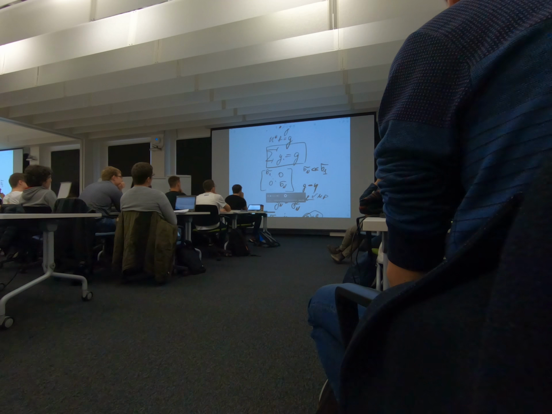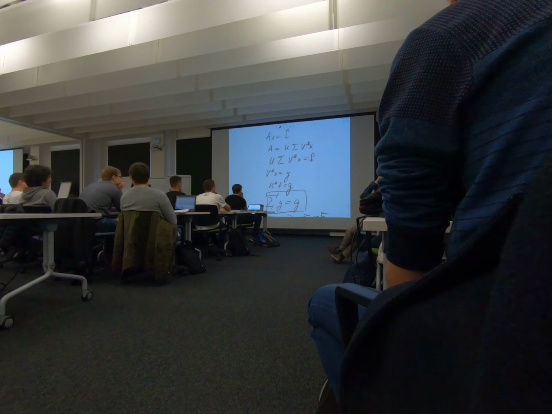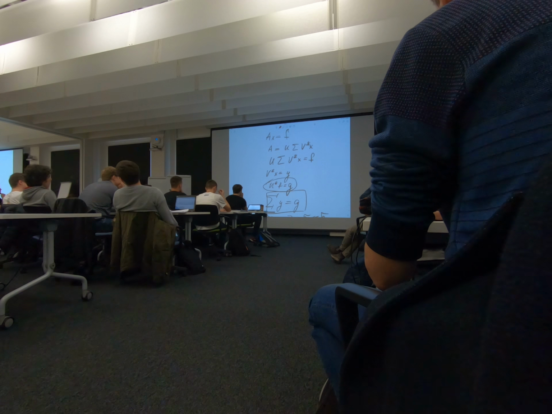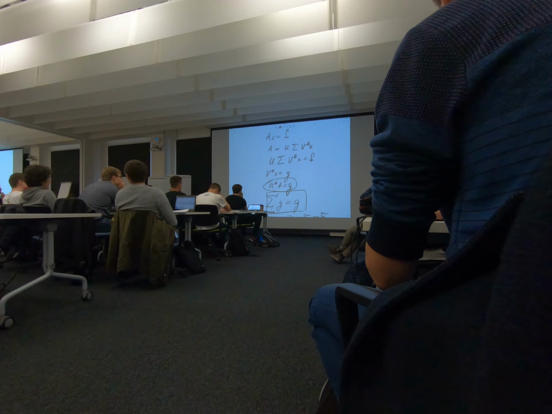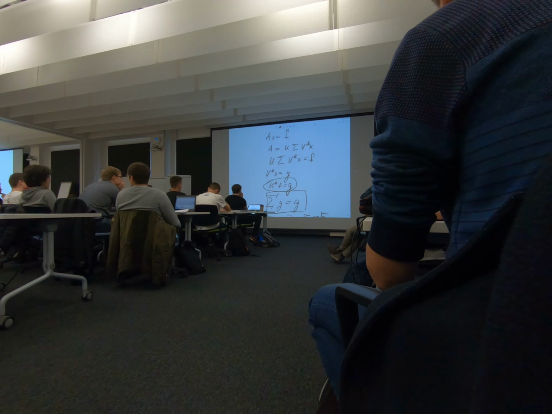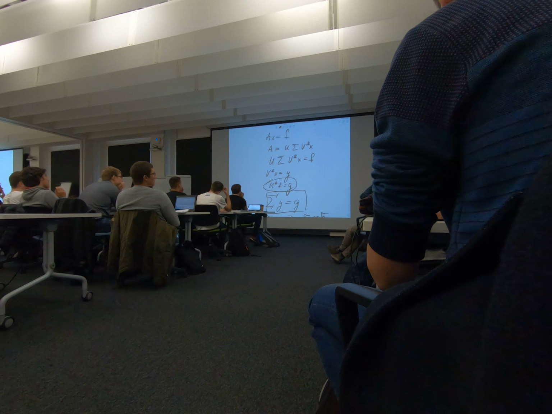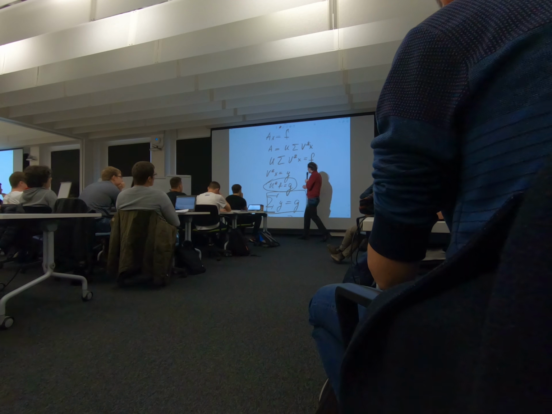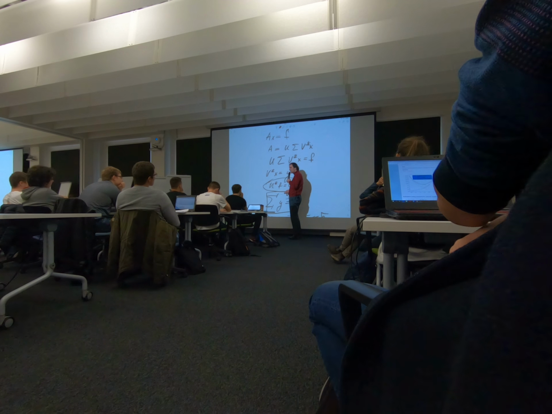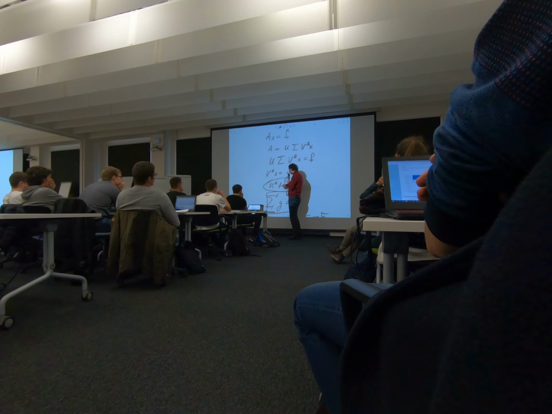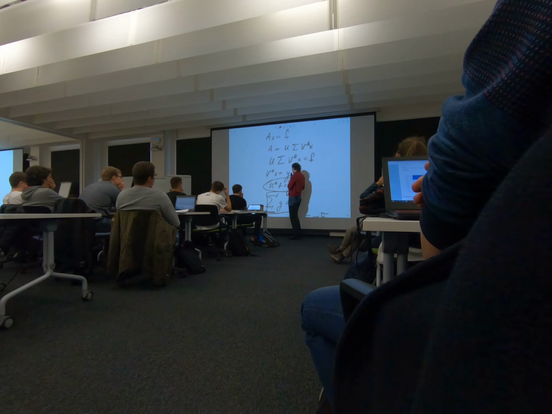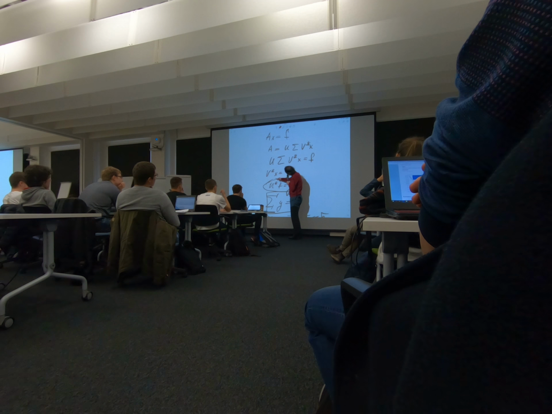G is this one, and the columns of U are singular vectors of the matrix. Singular vectors are numbered: the first one corresponds to the largest singular value, the second one to the second singular value, and so on. This formula is just the expansion of our right-hand side, which can be either a random vector or a vector of ones, in the basis of singular vectors of our matrix.